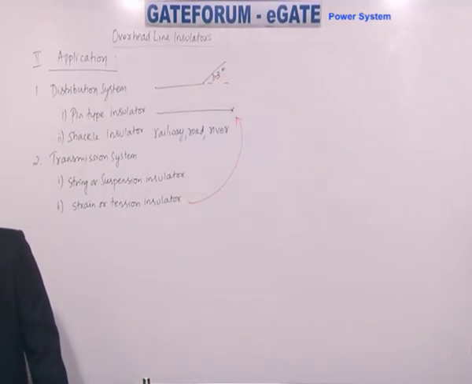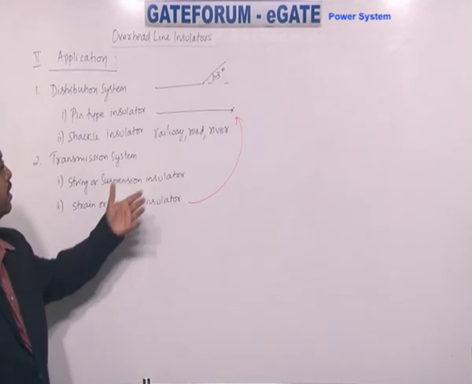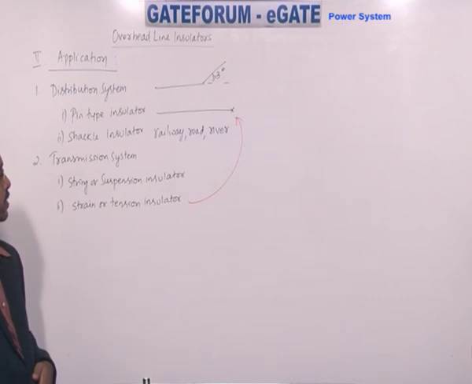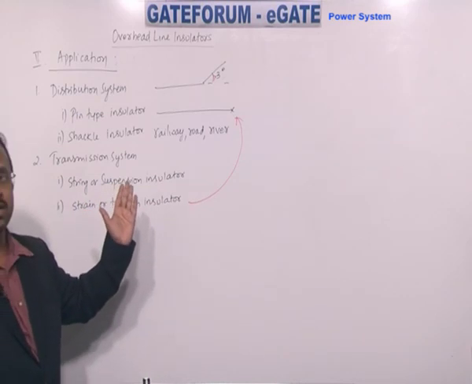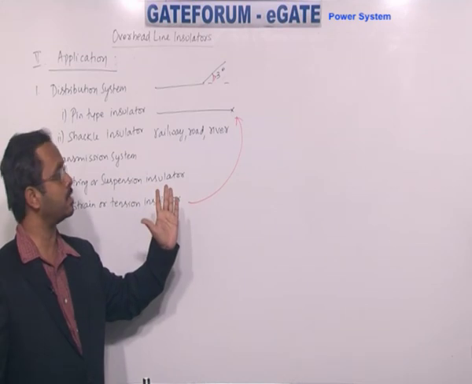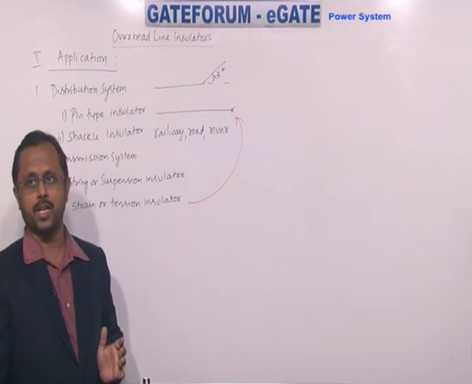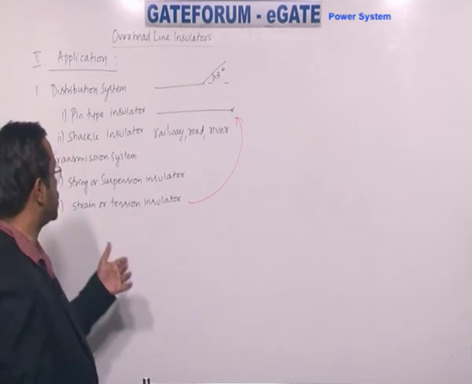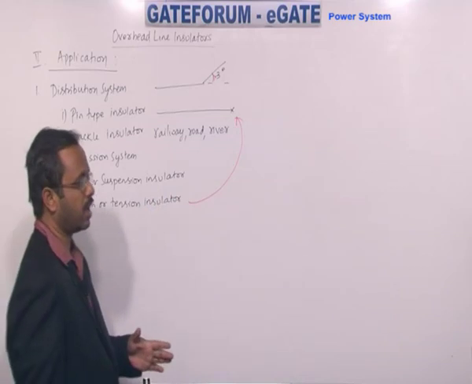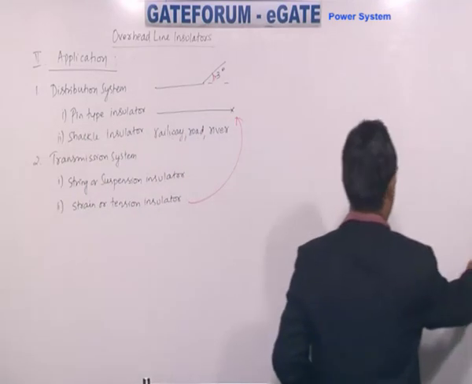Next one is the dead end of a transmission line. We use strain insulators. Next, for railway crossing, road crossing or river crossings, we use strain type insulators. Okay, now we check regarding the string or suspension insulator.